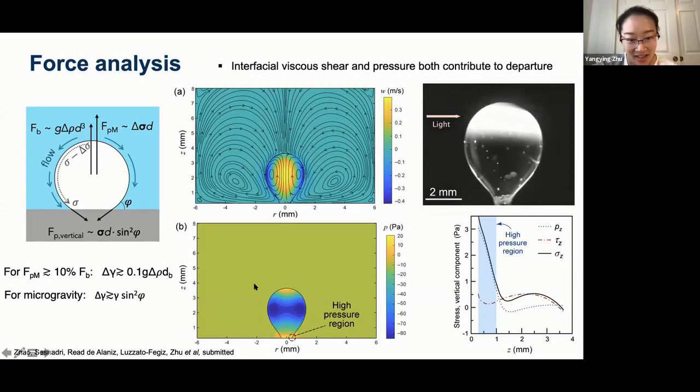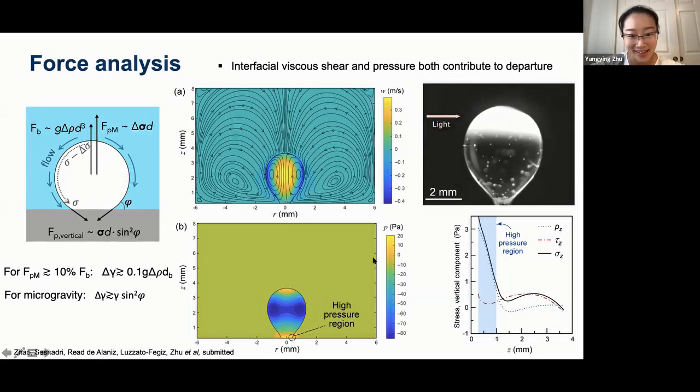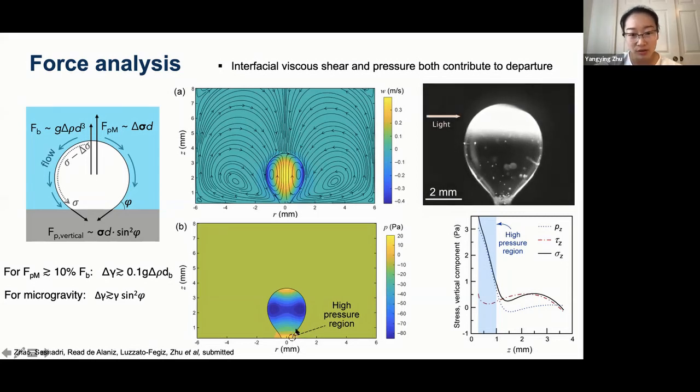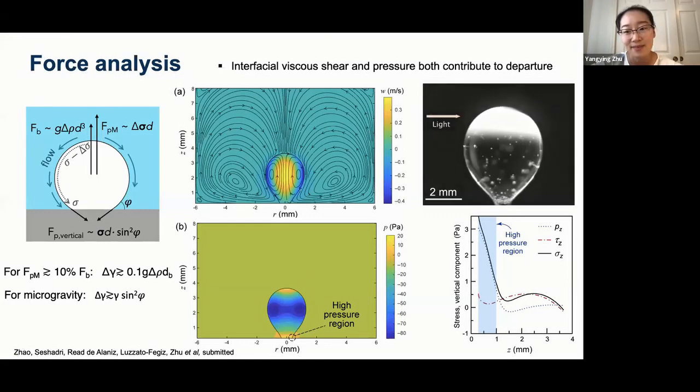The external pressure exerts an external force on the bubble. If you look at the external pressure distribution, you see a high pressure region near the base of the bubble. As a result of the Marangoni flow, this pressure also helps the droplet to depart from the surface.